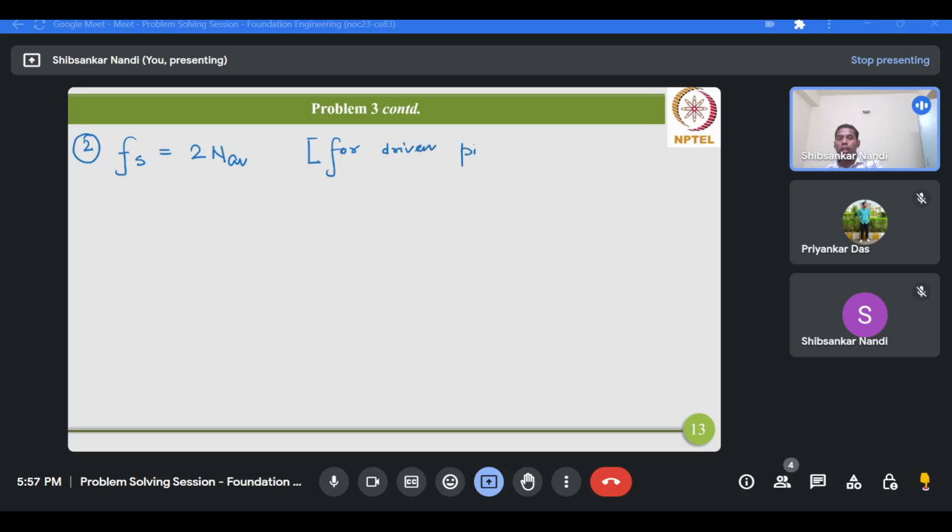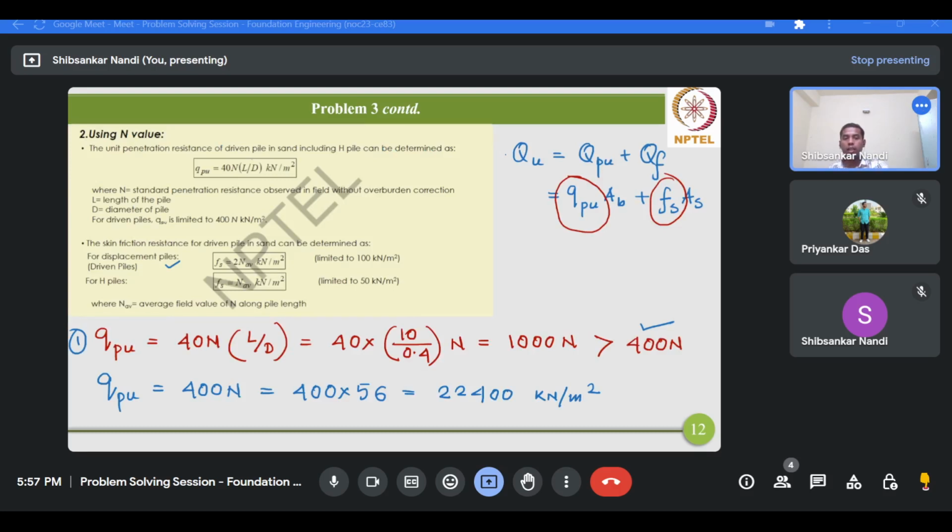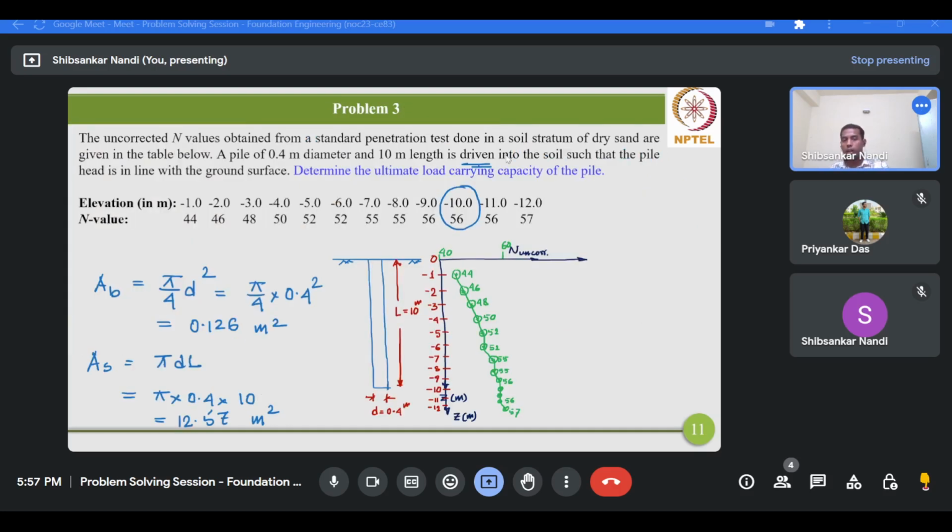Now what is the n average? This is the average uncorrected SPT n value along the length of the pile. You have to take an average of all these n values up to an elevation of minus 10 meter, starting from -1 to -10.